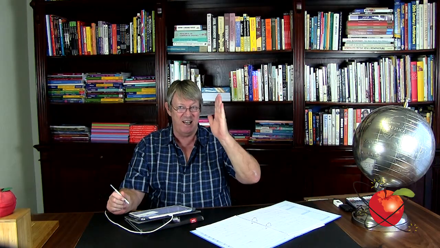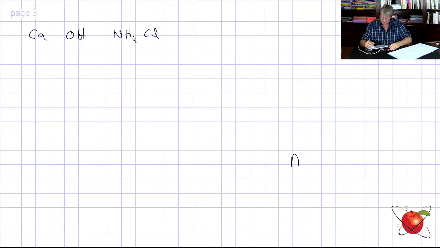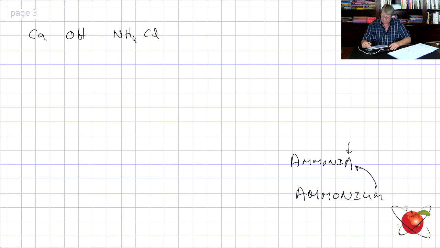Remember, ammonia, A comes before M, therefore 3 comes before 4. NH3, NH4, okay?